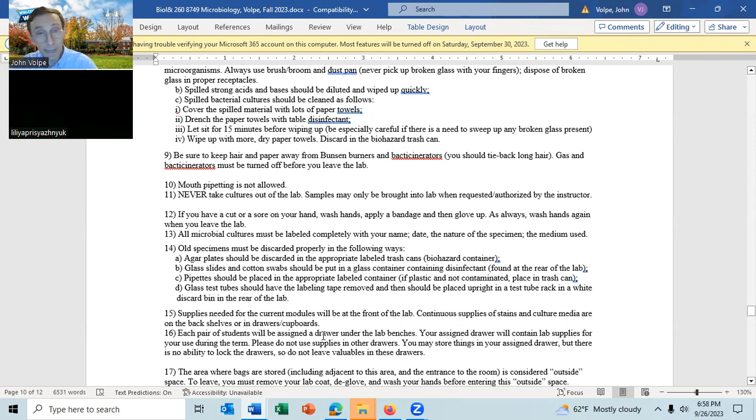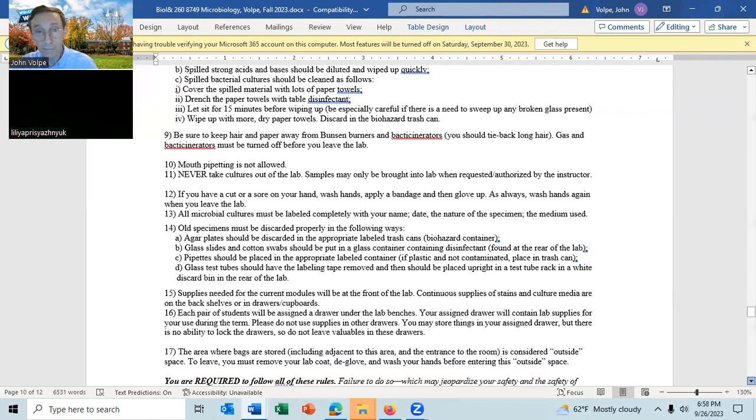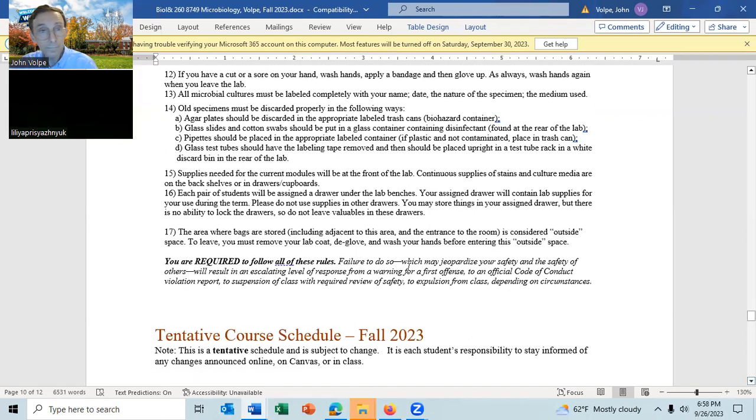Supplies needed for the lab will be at the front desk of the lab. Each pair of students are assigned a drawer and a lab bench, and so they share it. And remember, the area where the cubbyholes are and your books and the door are considered outside the lab.